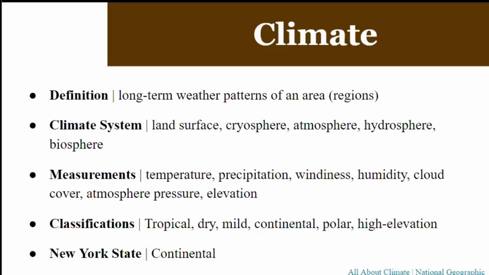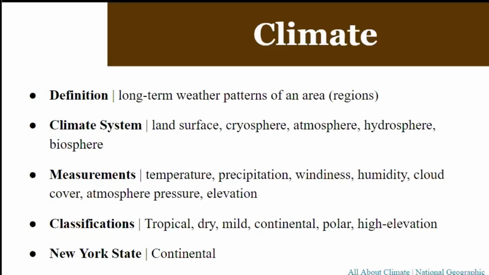Then there are, of course, if you remember from science class, classifications. So there's tropical, dry, mild, continental, polar. You can think about it being high elevation, which is something that was later added on. The original classifications were by one person, and high elevation was added later in the history of those classifications.